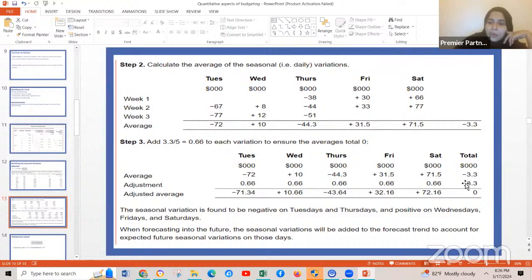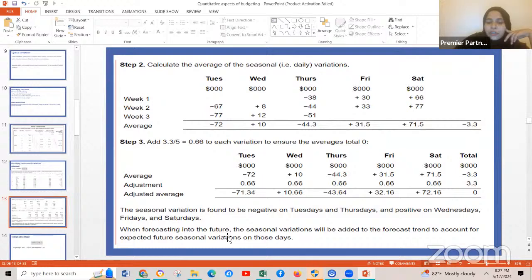Then you have to add that back, and the total becomes 0. But the adjusted average trends for each day are given. The seasonal variation is found to be negative on Tuesday and Thursday and positive on Wednesday, Friday and Saturday.